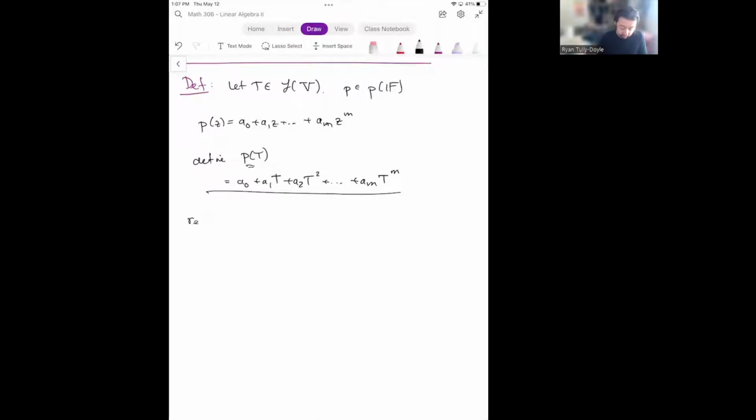So remember that if I have p and q in the polynomials on a field, then you can define pq to be the function that sends z to p(z) q(z), just regular old polynomial multiplication, right?